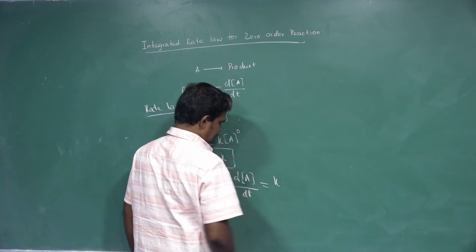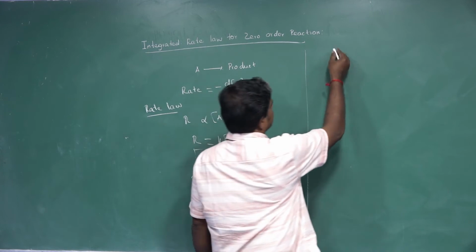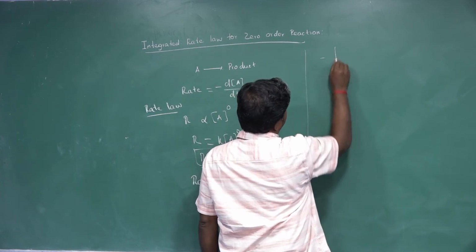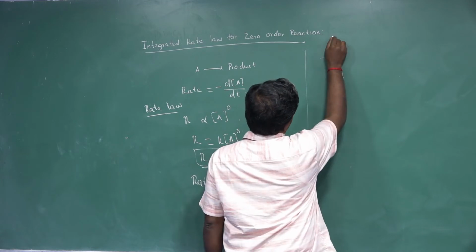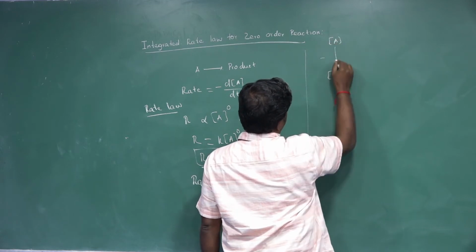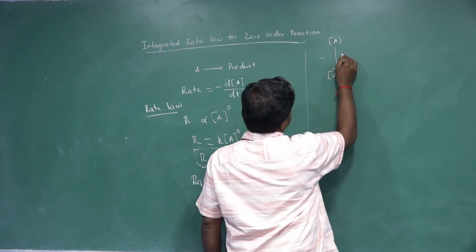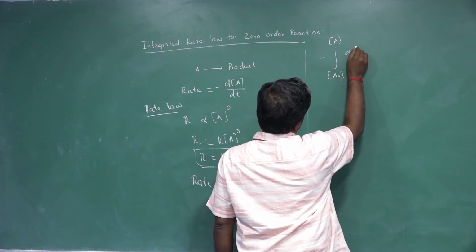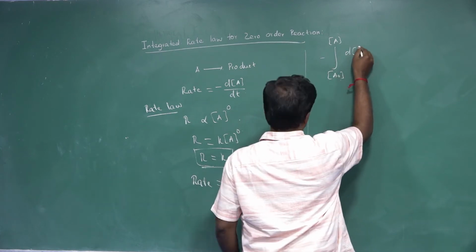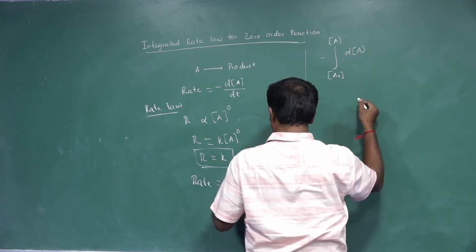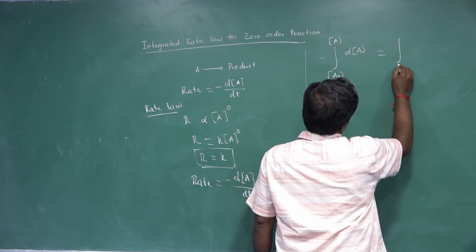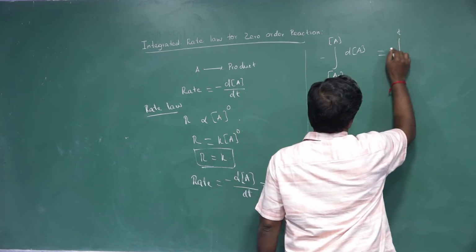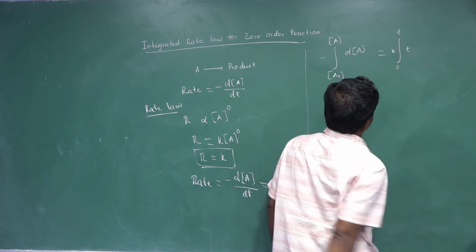Which is equal to k. So we are taking the integration of both sides, here concentration of A naught to concentration of A, d[A], which is equal to integration 0 to time t of k dt.